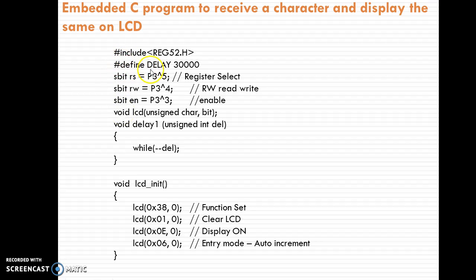The initial lines, that is the delay 30,000, will be stored in the keyword delay. Then port 3, 5th bit is initialized for register select. Similarly, port 3, 4th bit is registered for read write. Enable is registered for port 3, 3rd bit.